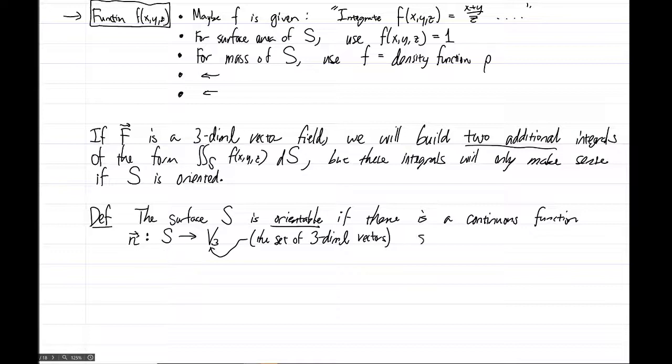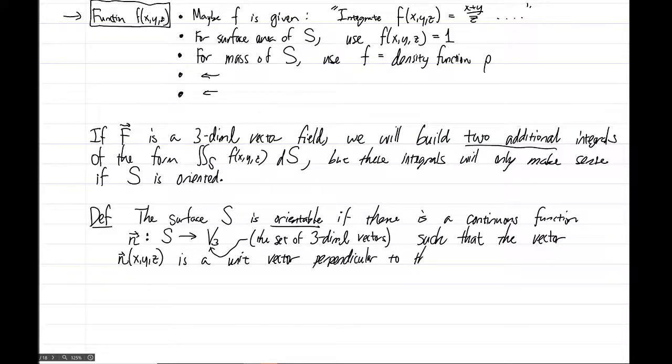Okay, such that the vector n of x comma y comma z is a unit vector perpendicular to the surface at the point x comma y comma z.